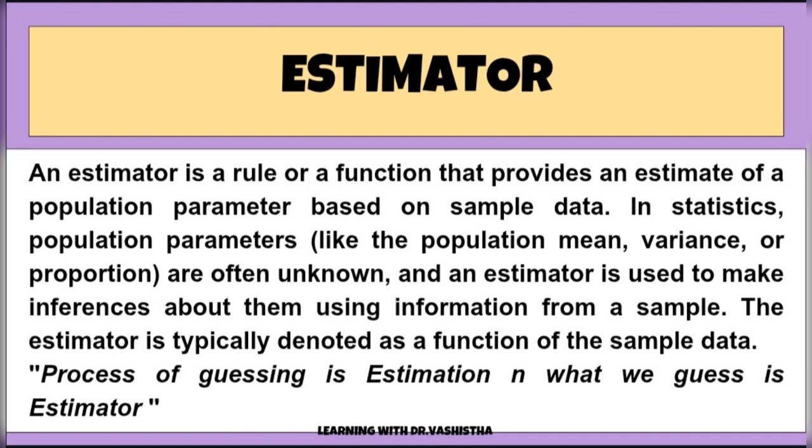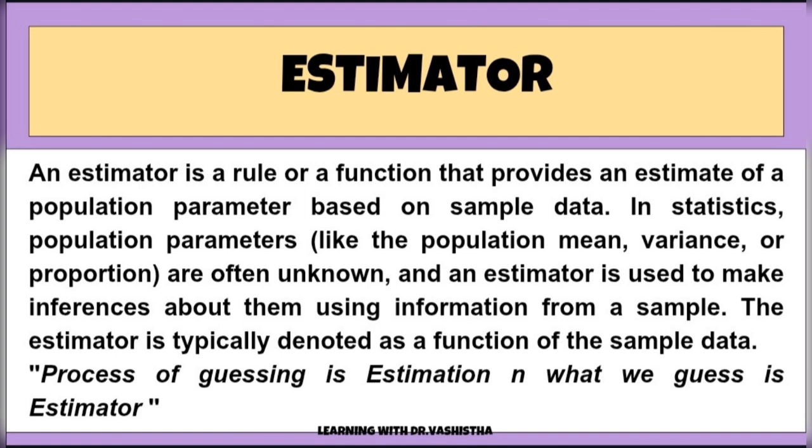It actually tells you about the unknown. It is used to make inferences about these parameters only using information from the sample. So we can say that the process of guessing is called estimation, and what we guess is called the estimator.